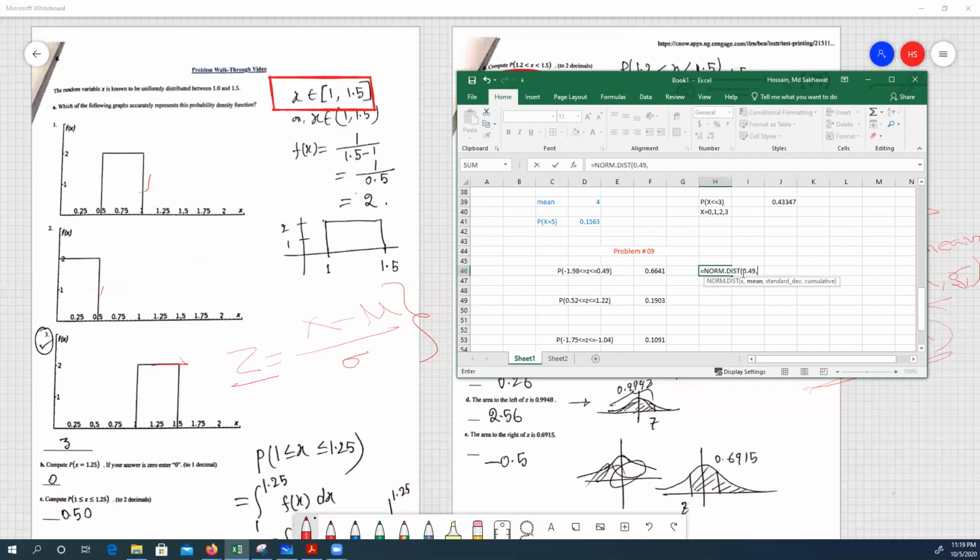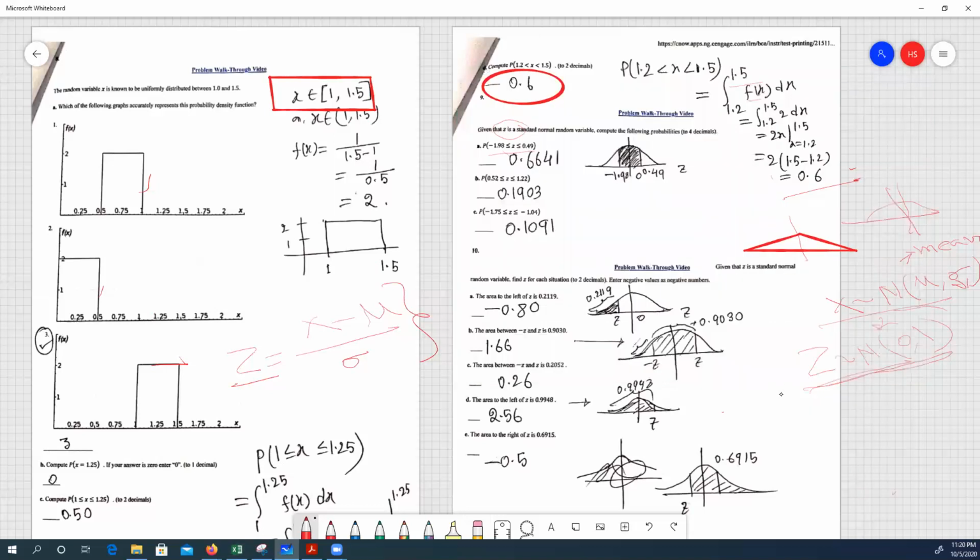Since the distribution is a standard normal distribution, the mean is 0 and the standard deviation is 1, and we are finding the cumulative. So this one will be 0.687793. So what does this mean actually? This means, okay, I'm just writing here.